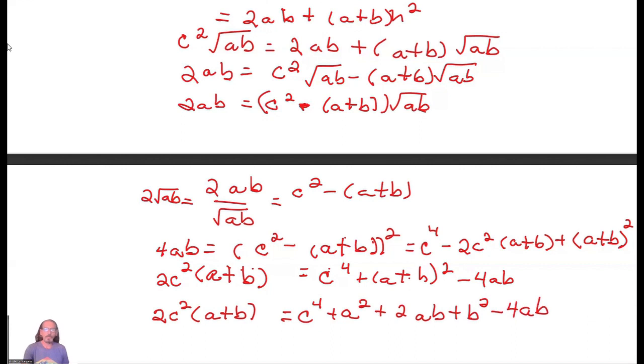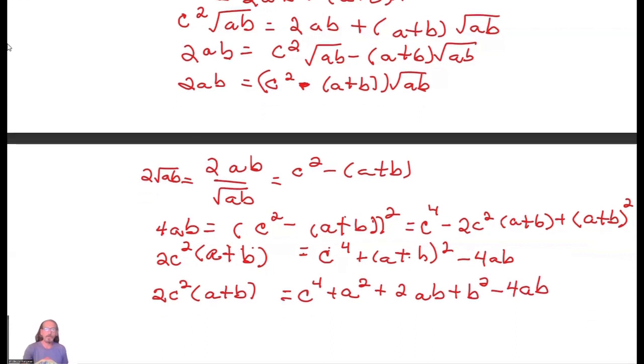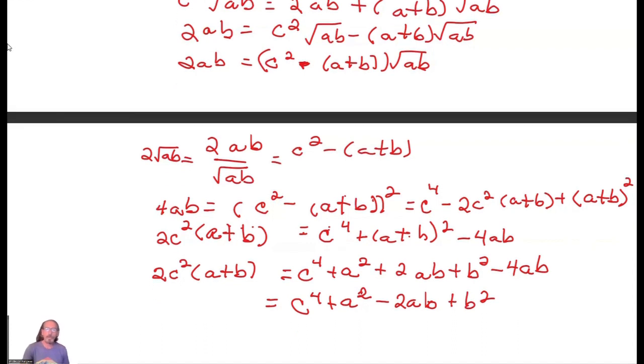Combining like terms with the 2ab minus the 4ab. Then if we factor a squared minus 2ab plus b squared, that's the quantity a minus b squared.